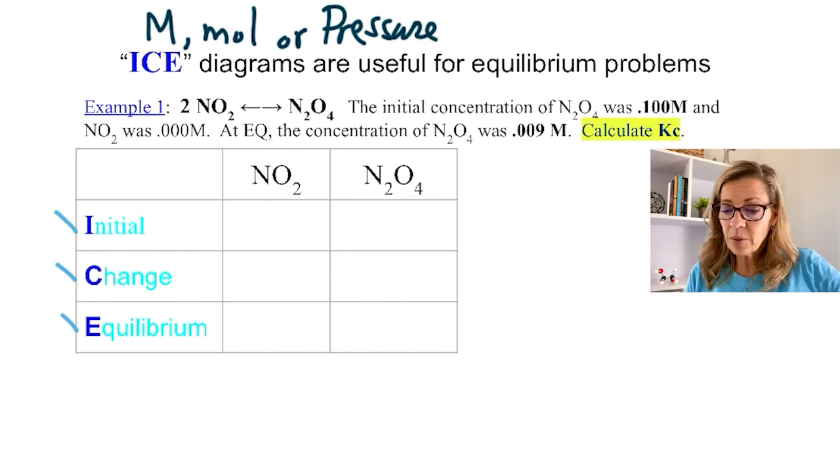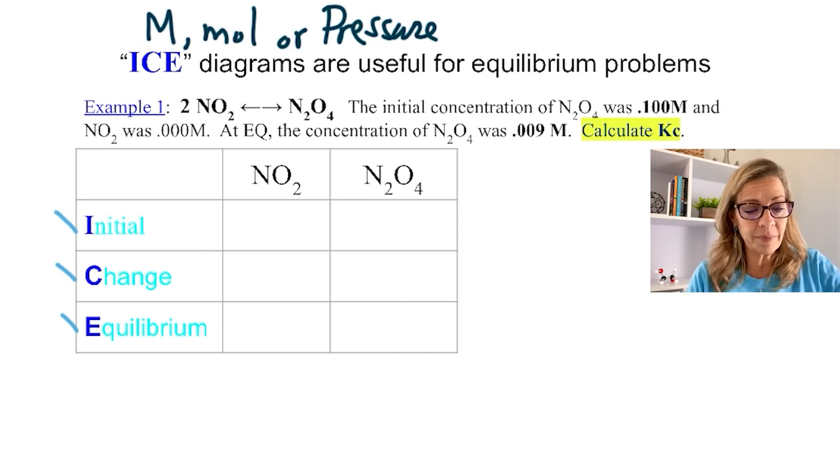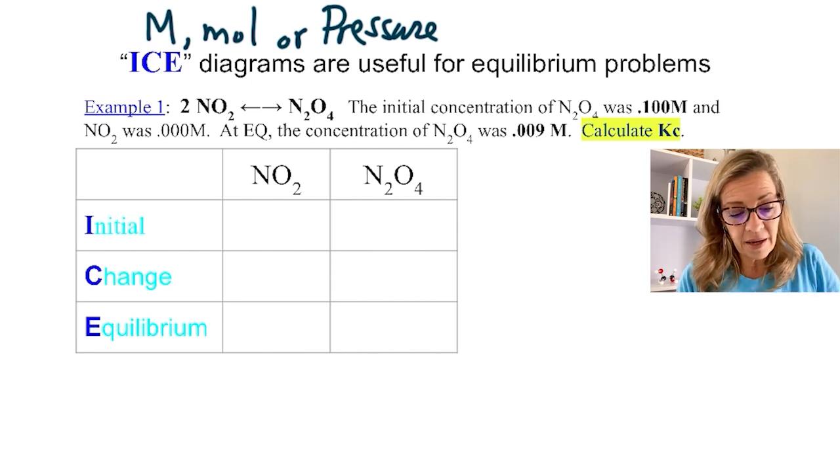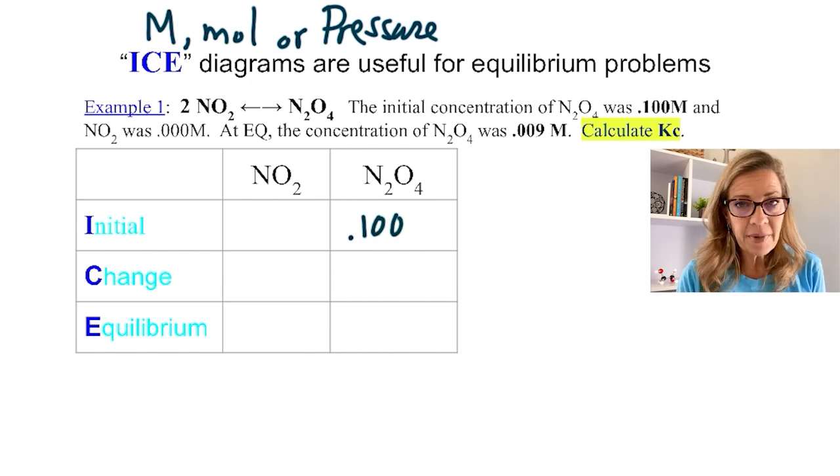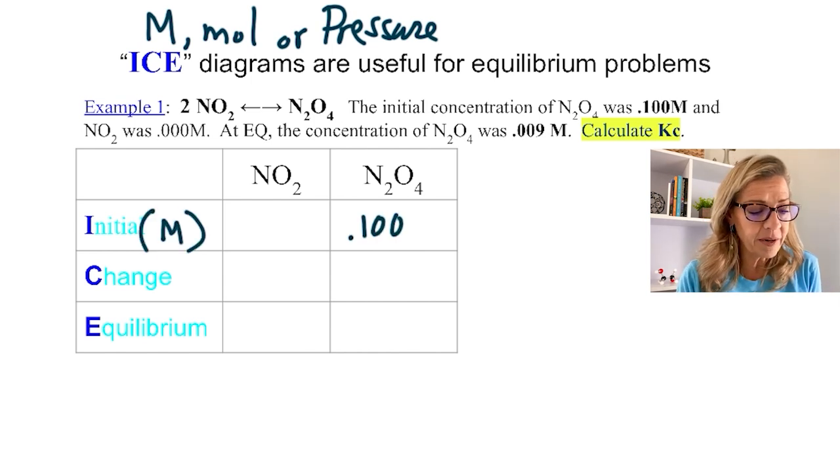So this one I'm going to choose to use molarity because that's what's given in the problem. So work with me on this one. I've got a reaction at equilibrium, and I know the initial concentration of the N2O4 is 0.100. I'm going to put molarity just to remind myself that this whole table is in molarity.